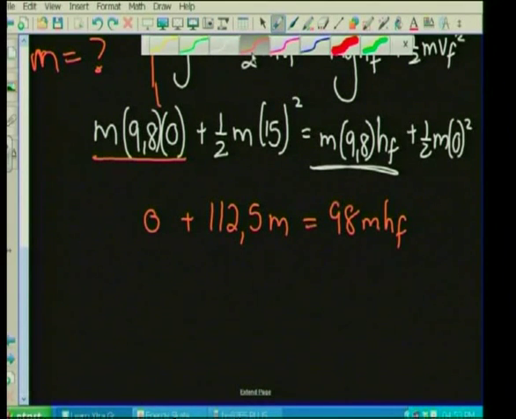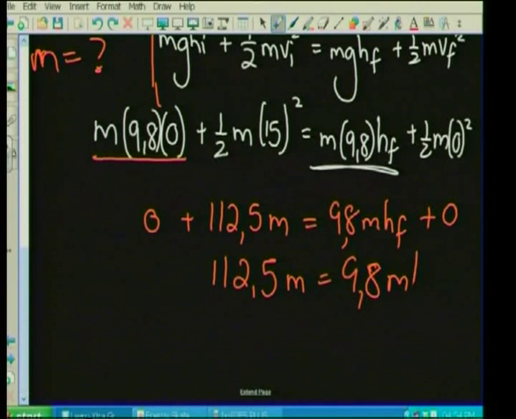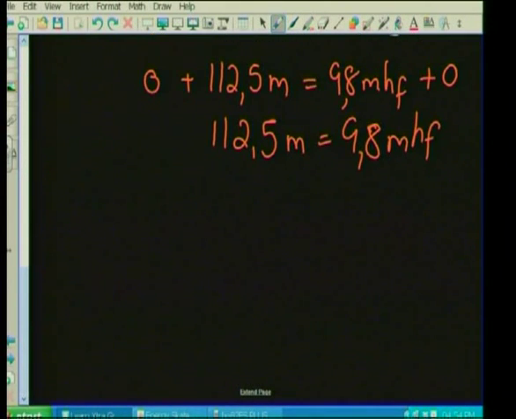Now, a half times mass times 0 all squared is 0. Okay, we're now going, alrighty, I still don't know m. No, don't give up yet. 112,5 times m equals 9,8 times m times final height.